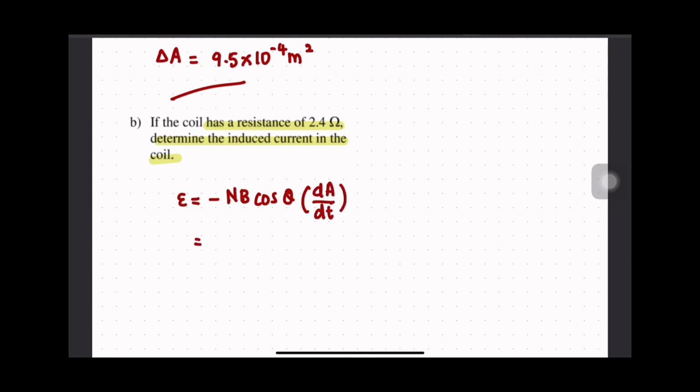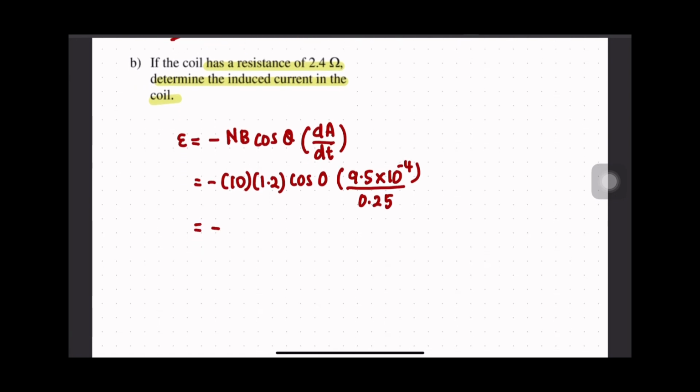Okay, so negative N is 10 turns, B is 1.2 Tesla, cos 0, and then change of area is 9.5 times 10 to the power of -4 divided by the time taken, duration is 0.25 second. Okay, alright, and then the answer for induced EMF is -4.56 times 10 to the power of -2 volt. Okay, ni baru induced EMF.